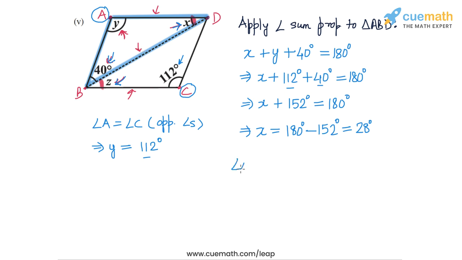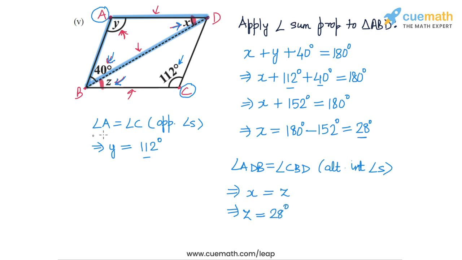So we can write angle ADB is equal to angle CBD, as these form a pair of alternate interior angles. And angle ADB is X and angle CBD is Z. So we conclude that X is equal to Z. So the value of Z will be the same as the value of X, which is 28 degrees.